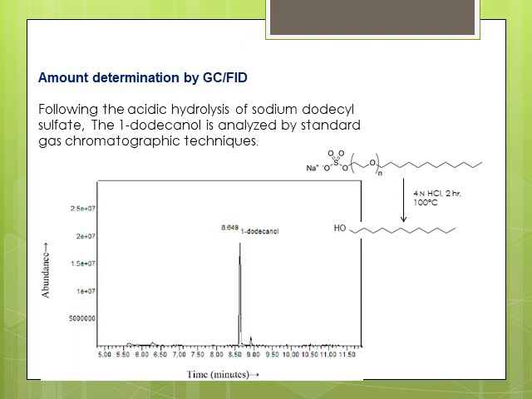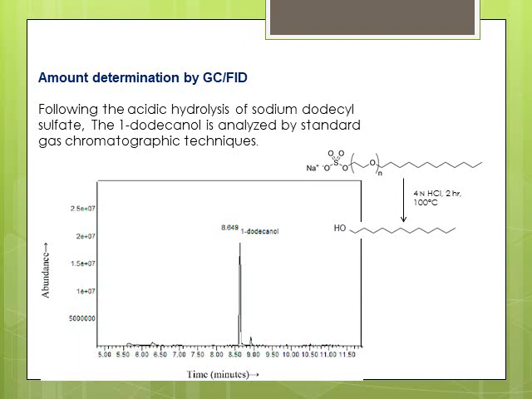By using GC, you will determine the amount of dodecanol, and therefore you will calculate the amount of SLES in the formulation. This is a useful technique when you have major interference with, let's say, HPLC with ELSD detector, so that you cannot do the amount determination. Using GC, you will then be able to quantitate the SLES by determining the amount of dodecanol.